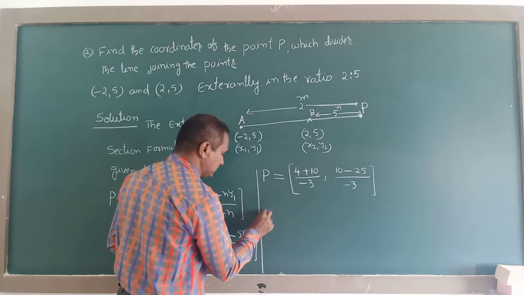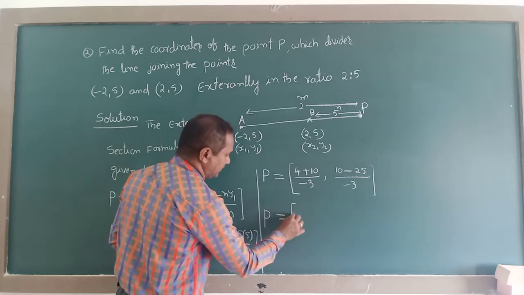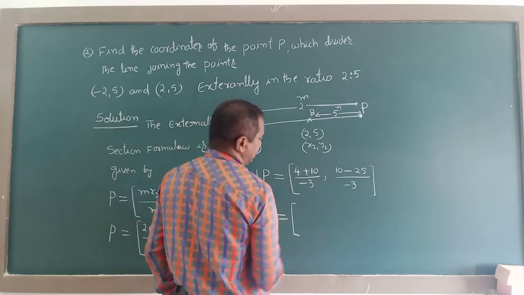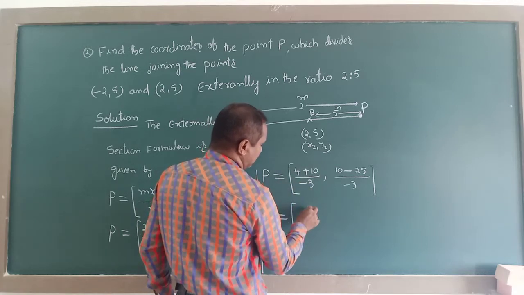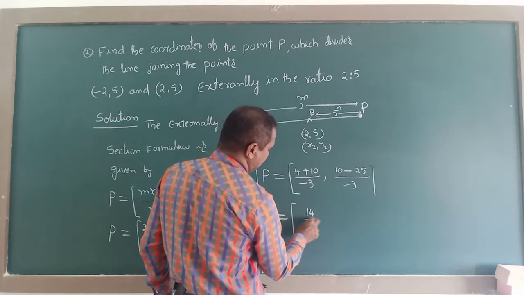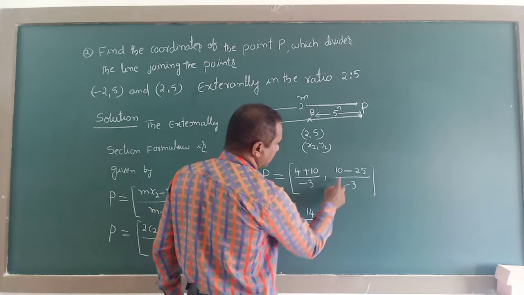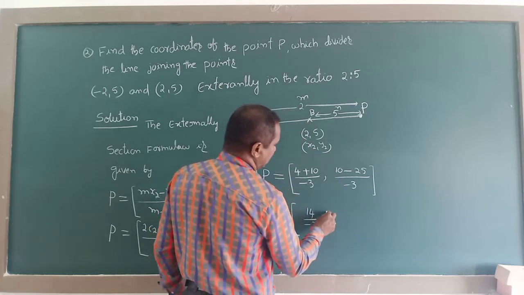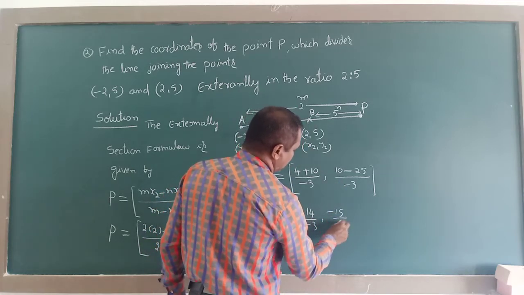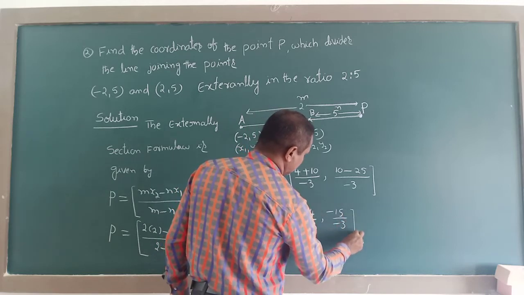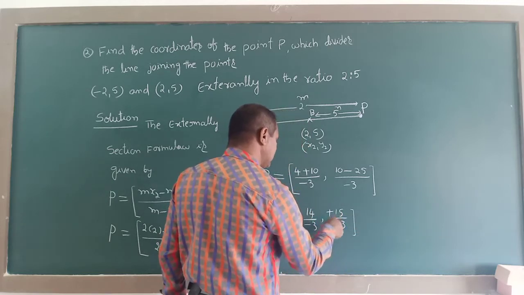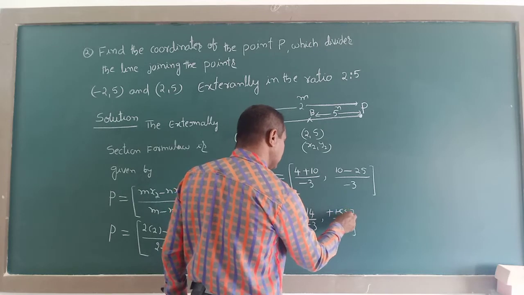P is equal to 4 plus 10, that is 14 by minus 3, comma, 10 minus 25 is minus 15 by minus 3. On cancellation, 3 ones are 3, 3 fives are 15.